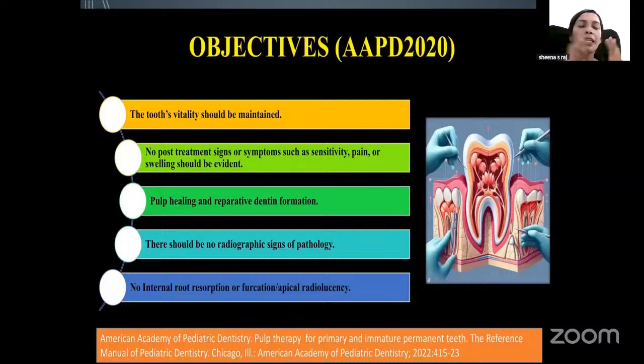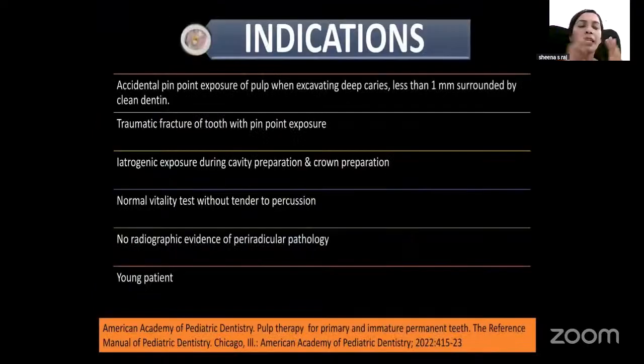As I told, whenever we do a tooth cutting, sometimes improper cutting can lead to the accidental exposure of the pulp. And it should be less than 1 millimeter, and it is surrounded by very clean dentine surrounding the pulp.